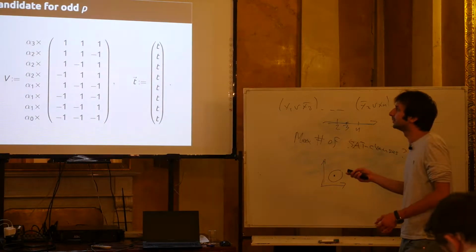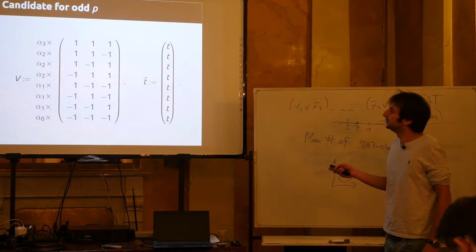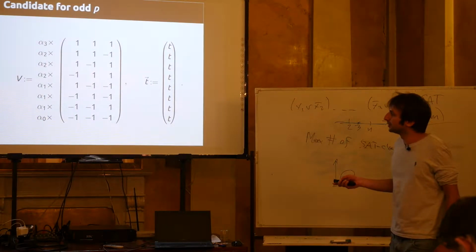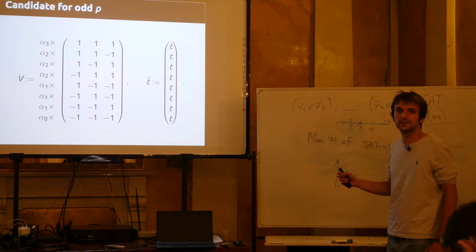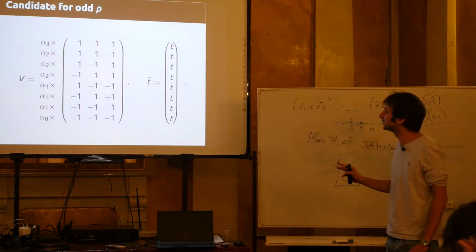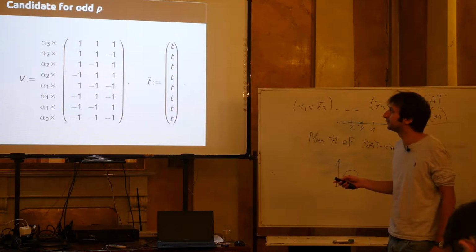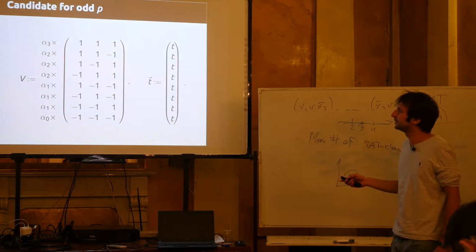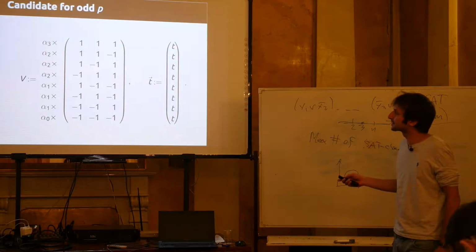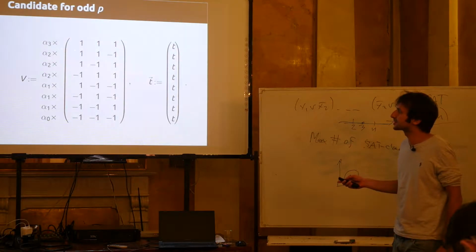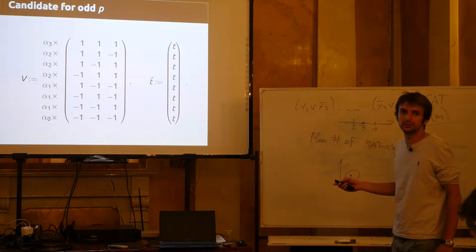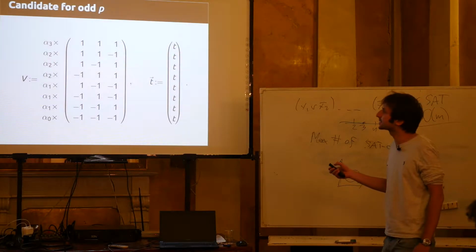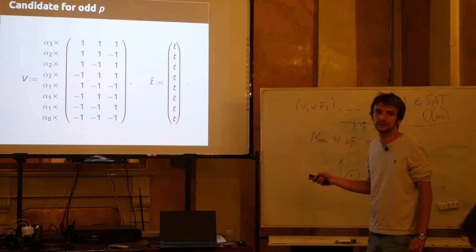Now, if you set all alphas to be different things, you have 2 to the k equations, and it will actually be hard to deal with them. What we can say instead is that since the things are very symmetric, it makes sense to say that all vectors of Hamming weight 2 have the same multiplicative factor.